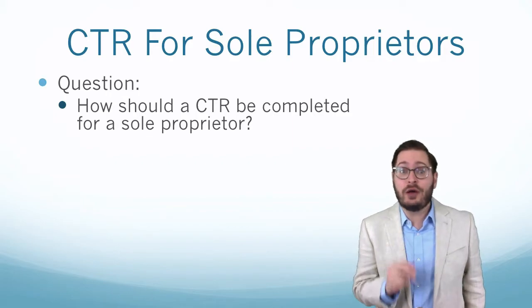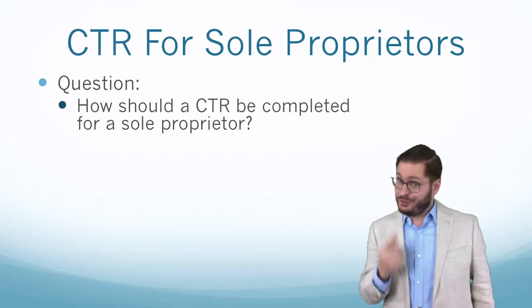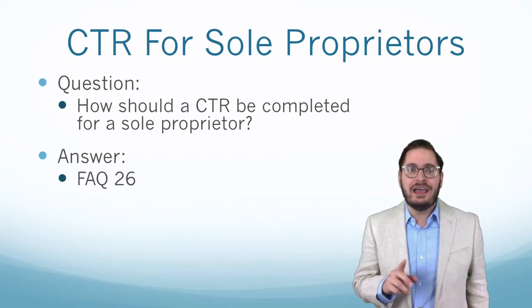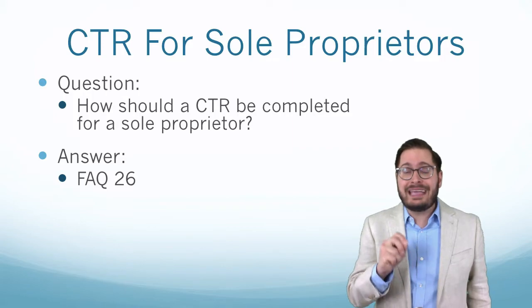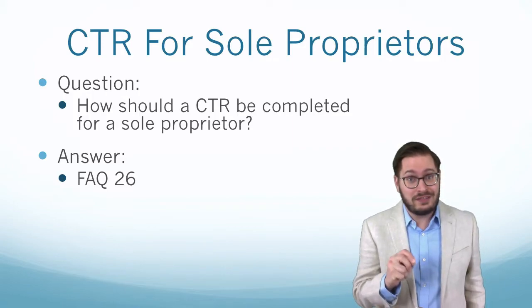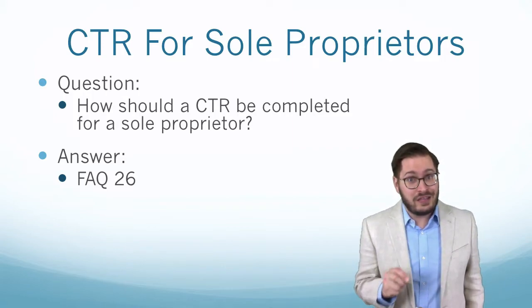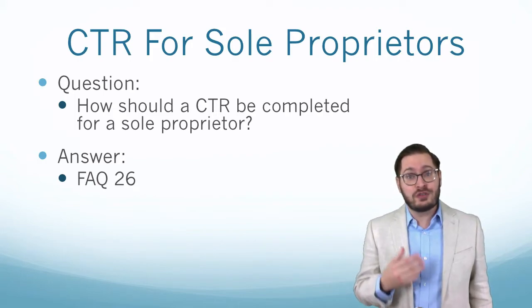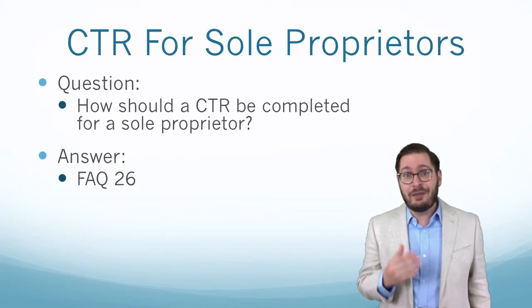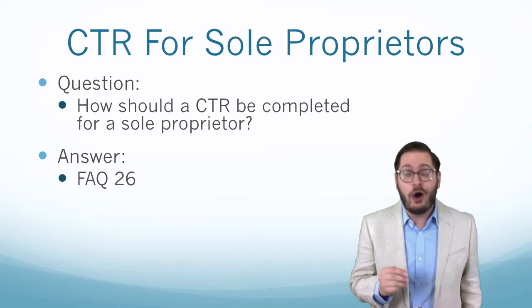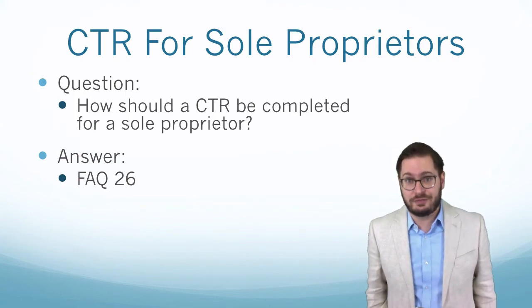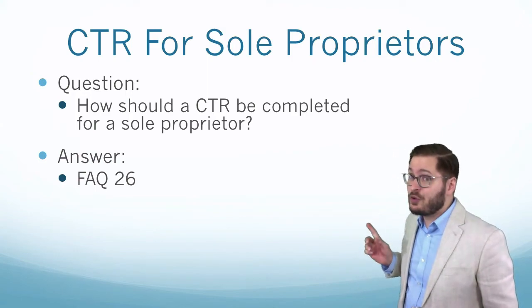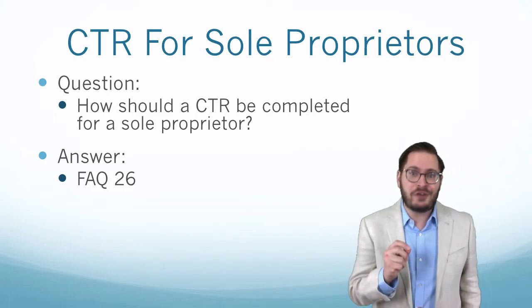So that's our question. Now the answer is found in frequently asked question number 26. FinCEN, or the Financial Crimes Enforcement Network, has released a number of frequently asked questions on how to complete CTRs, and question number 26 answers our question.